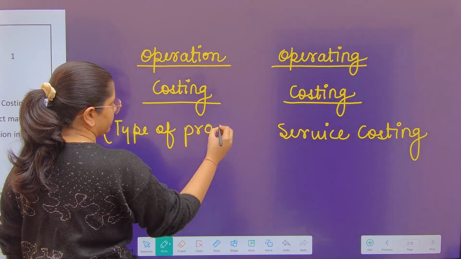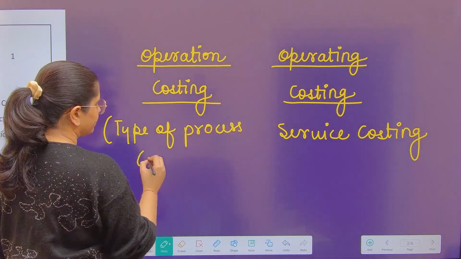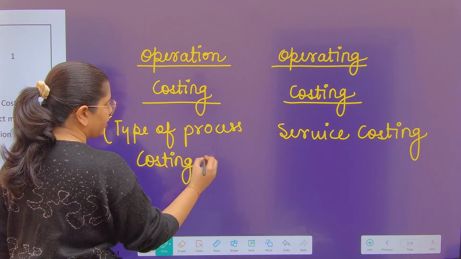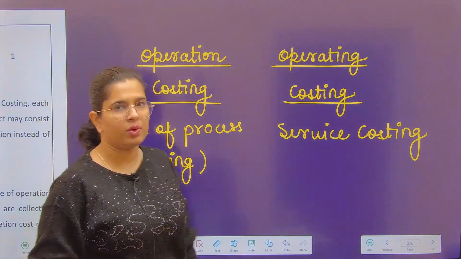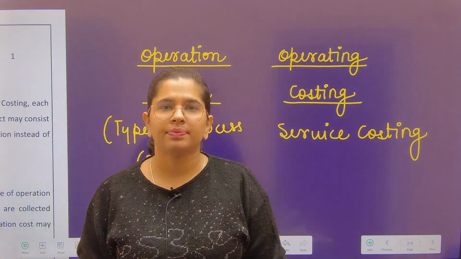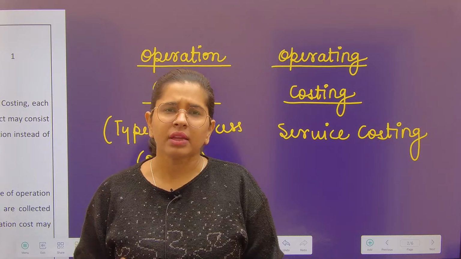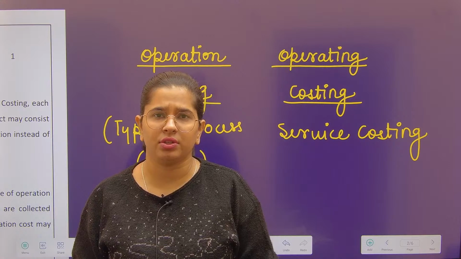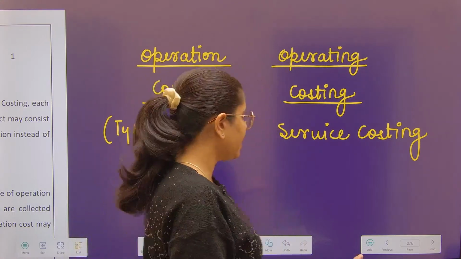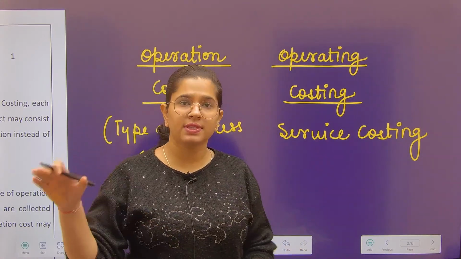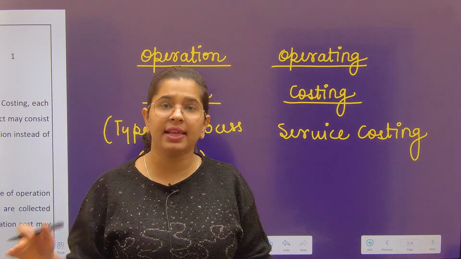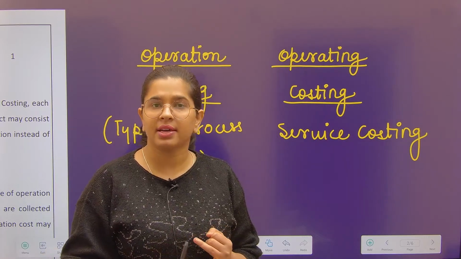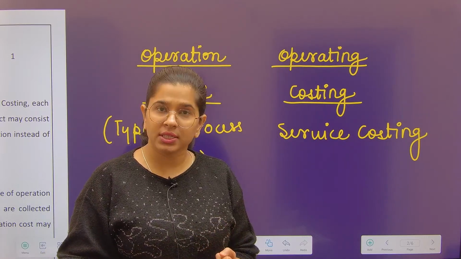process costing. We have not yet started process costing, but I'll tell you. Suppose anything which is identical in nature, like Pepsi bottles, right? All the Pepsi bottles of similar sizes are identical in everything. In aspects like physical appearance, they are the same. With regard to quantity, they are the same.